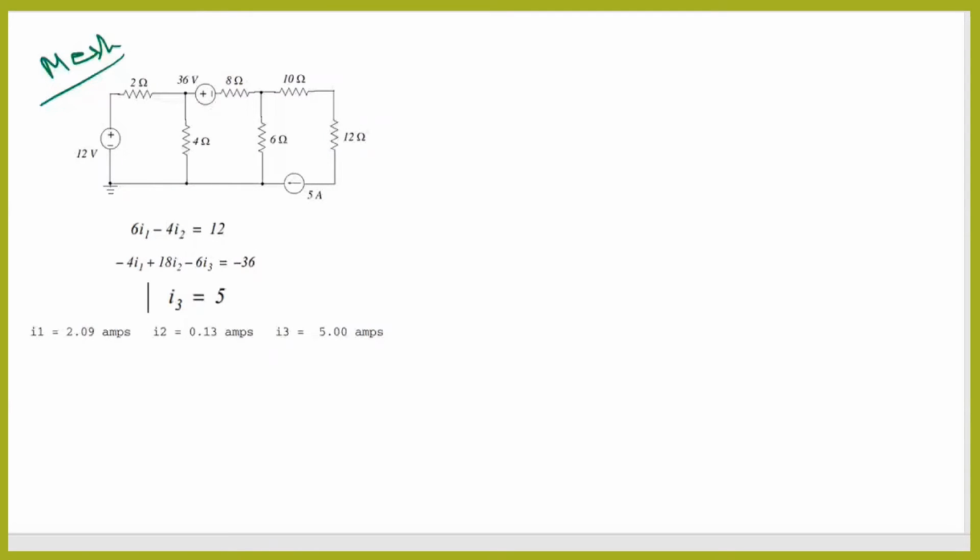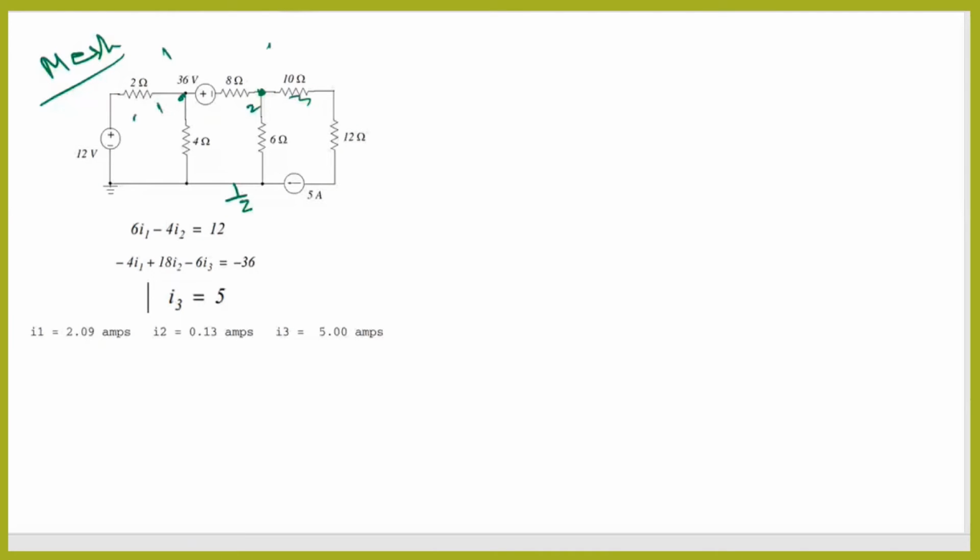First, identify the number of nodes: 1, 2, and reference is 0. So there are 1 and 2 nodes. Mesh analysis, right? So how many loops are there? 1, 2, and 3. So 3 loops are there.